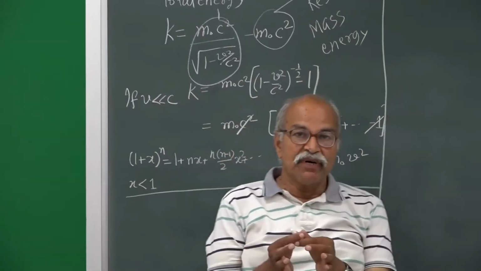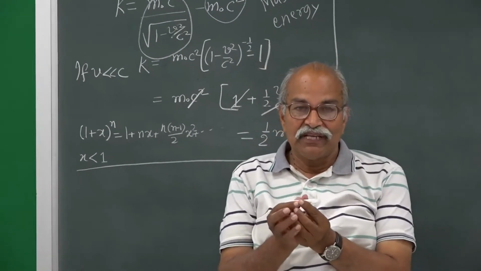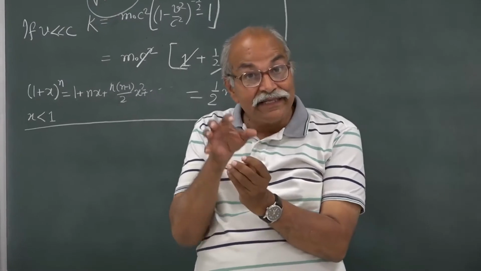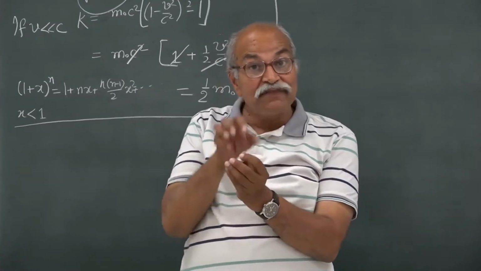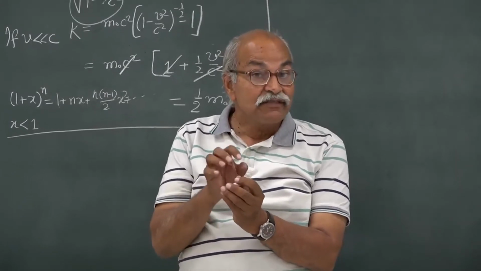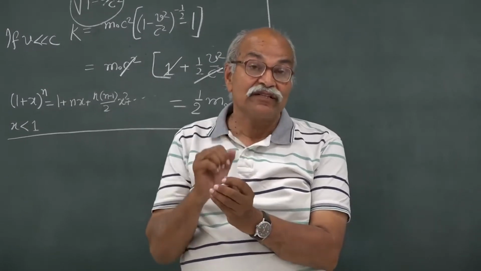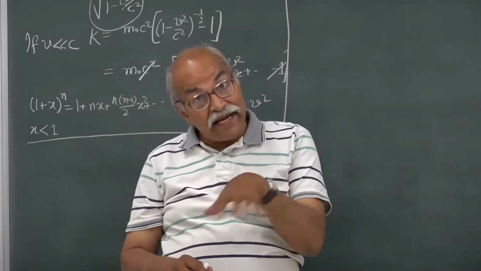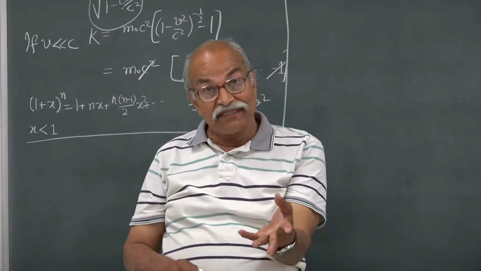So, if I have a particle which is not moving, we still say that it has energy, and that energy is its rest mass energy. Because of the mass there is an energy, and that energy is m naught, rest mass, into c square, and you give kinetic energy that is added on top of this rest mass energy.